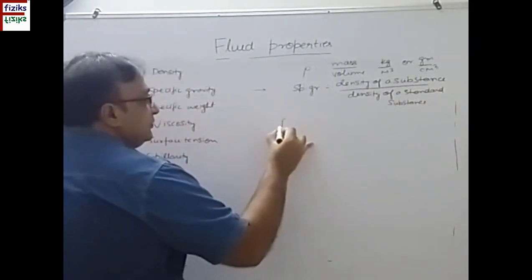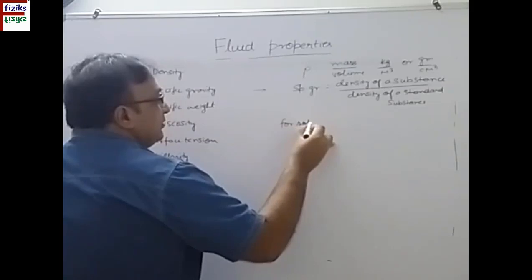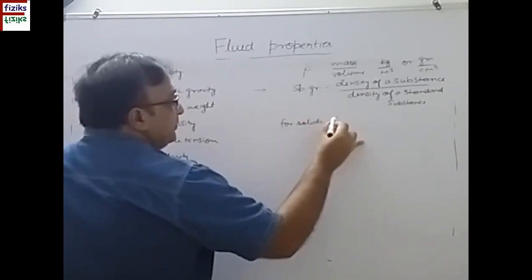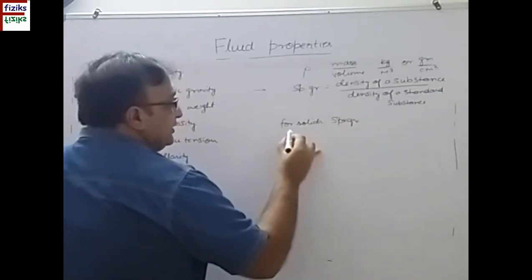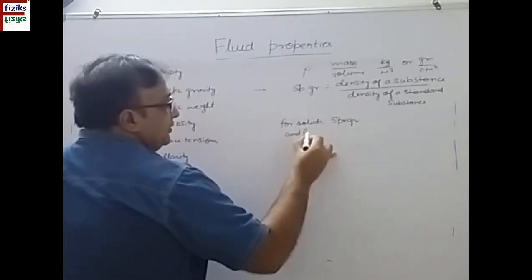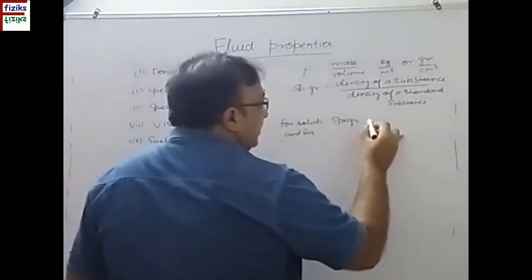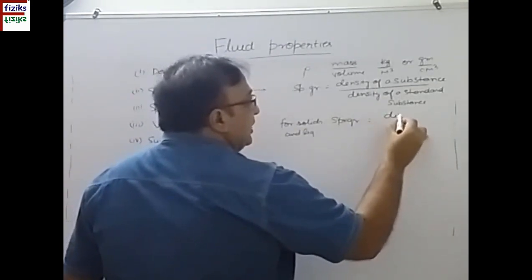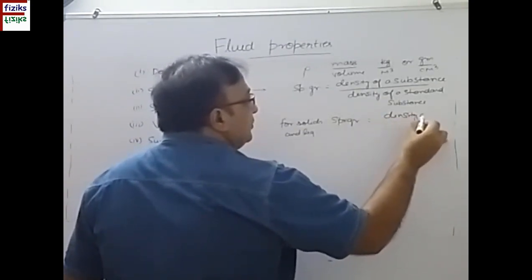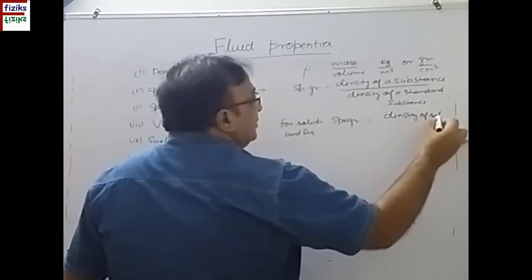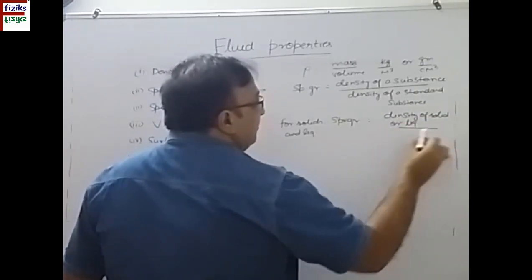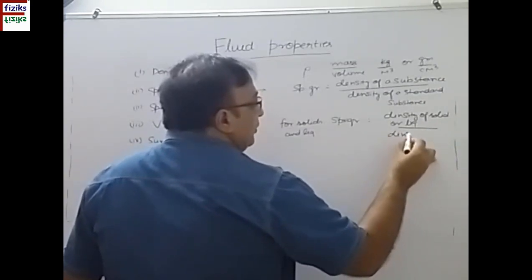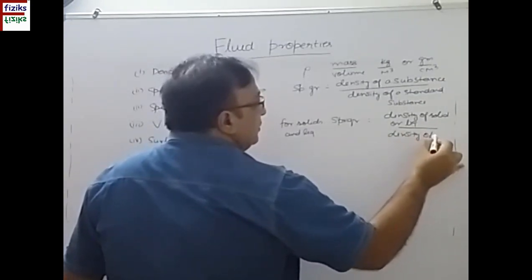Now for solids and liquids, specific gravity is given by density of solid or liquid divided by density of water.